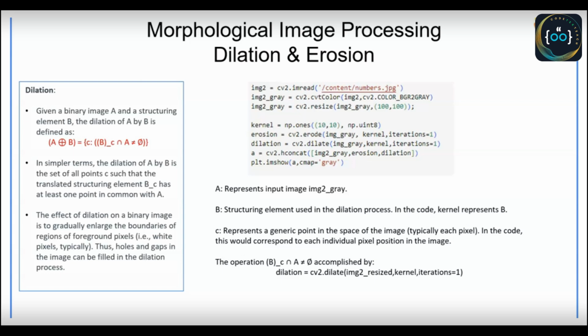Finally, the operation B_C intersection A not equal to 0 conceptually refers to placing the structuring element B at each location C in the image A and checking if there is any overlap. In the code, this operation is performed by dilation equals cv2.dilate, where OpenCV's dilate function automatically handles the translation and intersection operations.